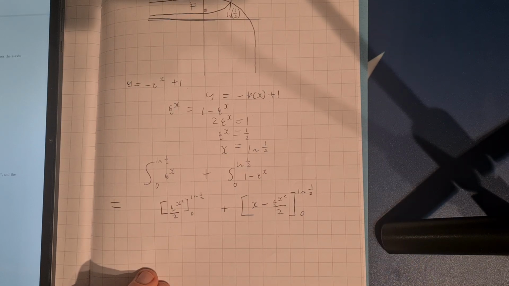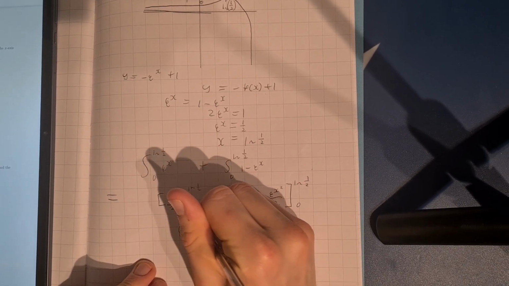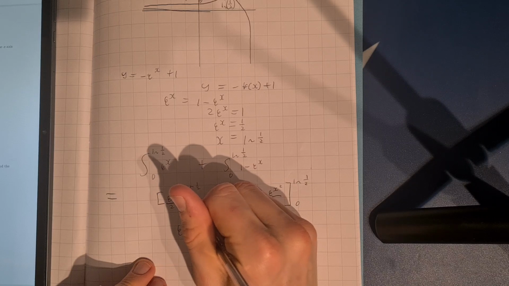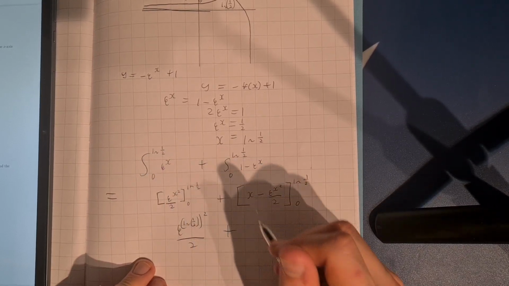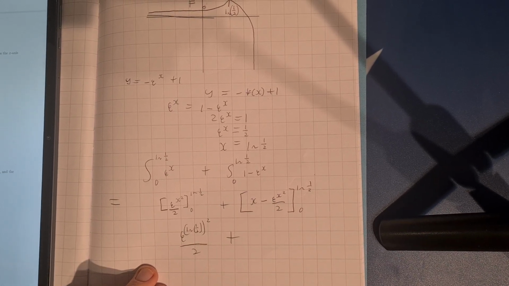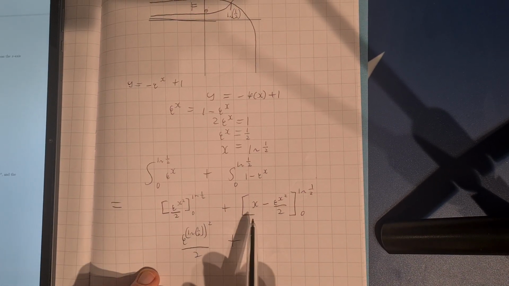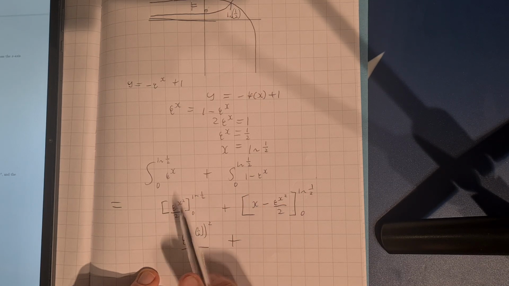So now we just put those values in. You're going to get e to the ln a half squared over 2 plus... Oh wait, no, we need to do a minus, don't we? So if we've got this area here, the area under this curve, subtract that area.